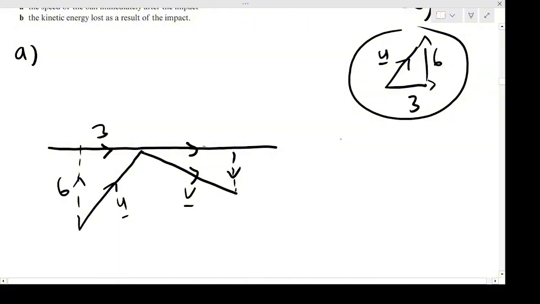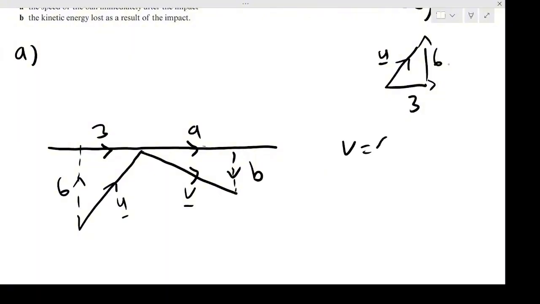And then for v, we're going to call it a and b. So we go across by a and then down by b. Those are my 2 components for v. So v is going to be (a, b), because we're going to go a to the right and then b down.